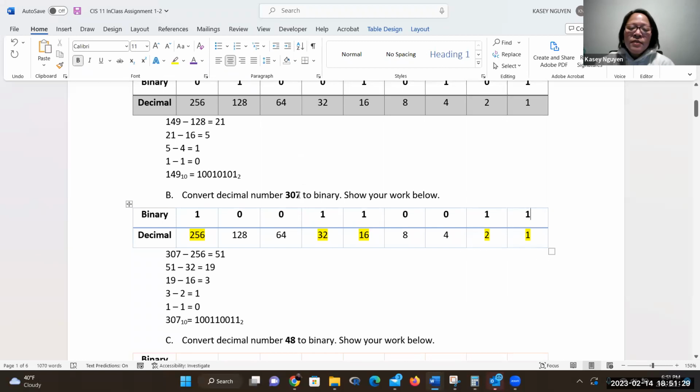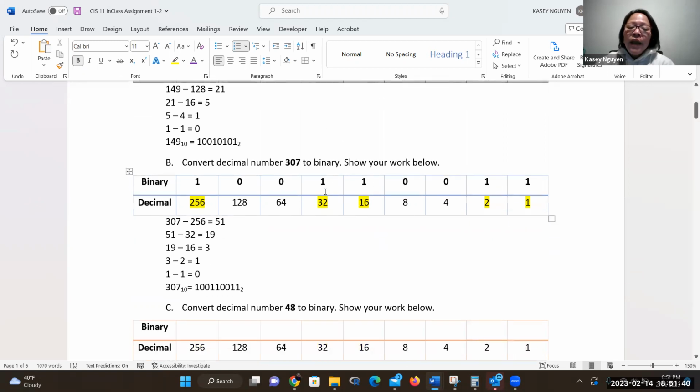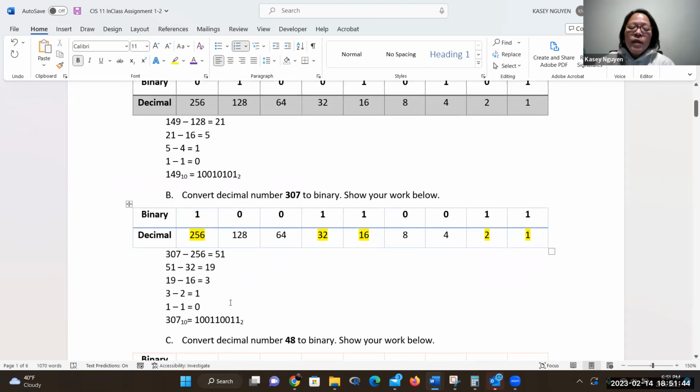So the 307, which is base 10, is equivalent to 100110011. Now, we have a calculator to check this, right? But we need to know this because in your simulator, you're going to see 1s and 0s, and you need to know what they represent.